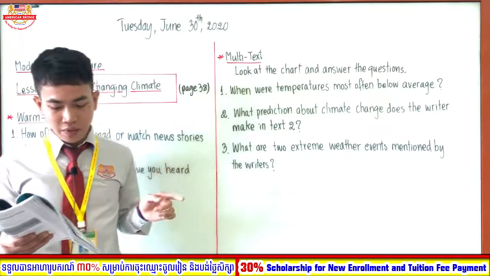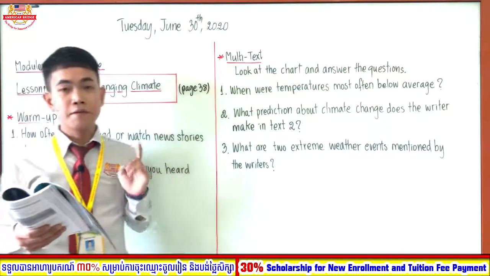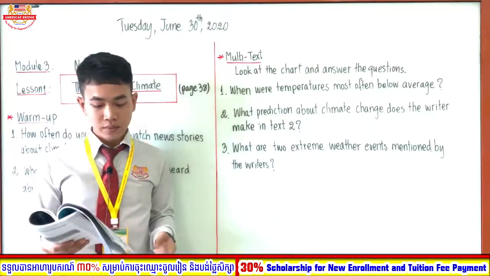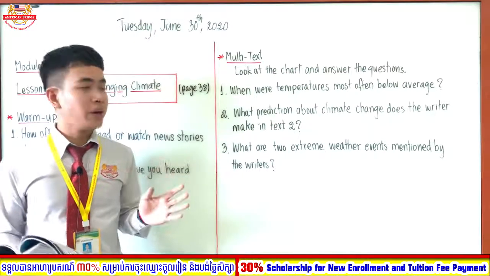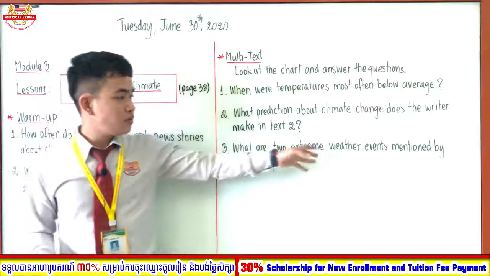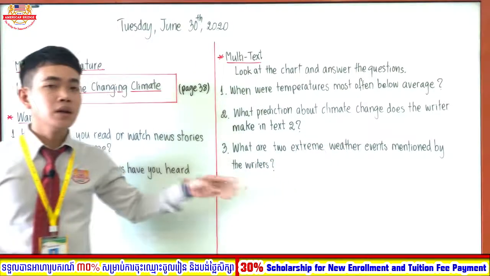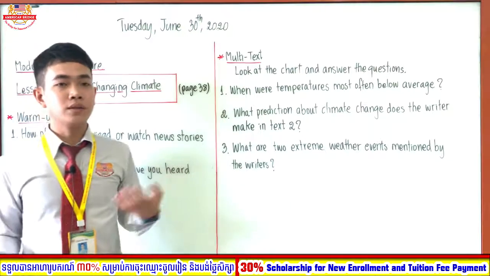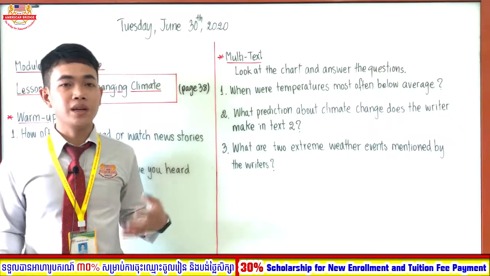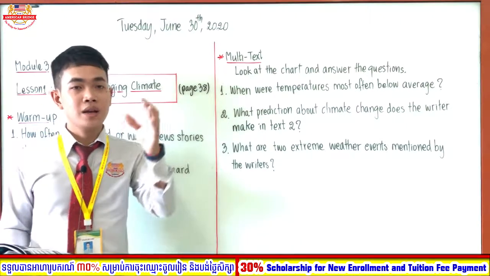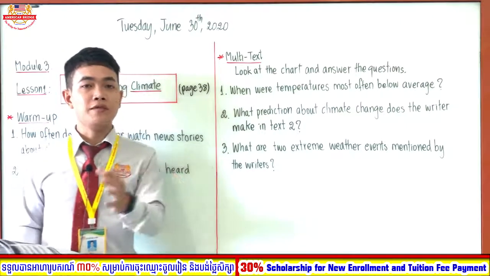Okay, in the second question, the writer thinks that if we wait, the temperature will drop again. Now the third question, what are two extreme weather events mentioned by the writer? What are the problems that the writer mentioned in our text? It is the drought and the flood.